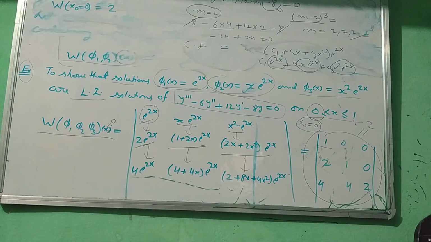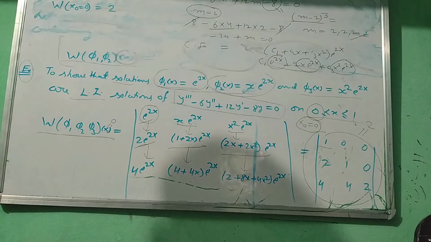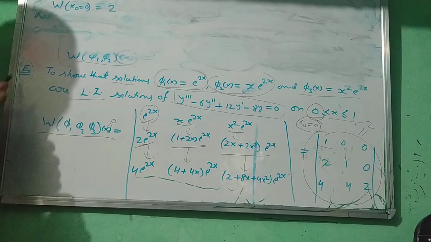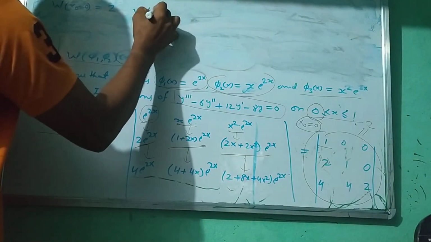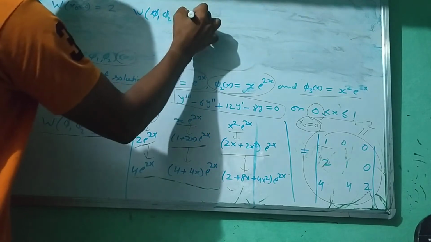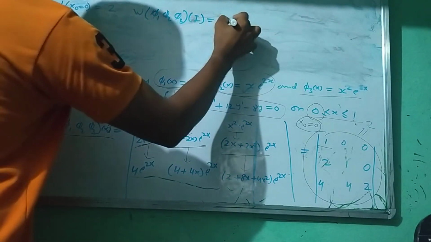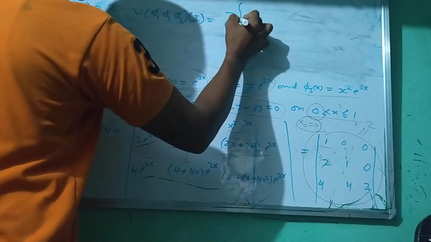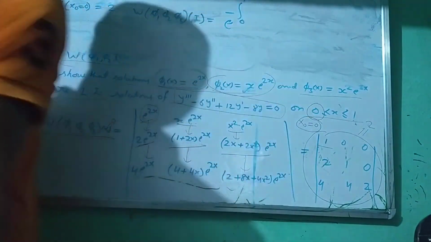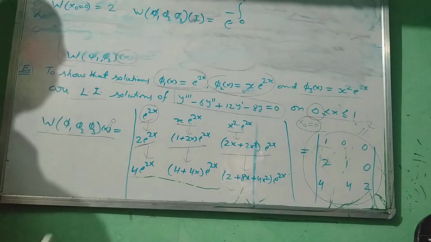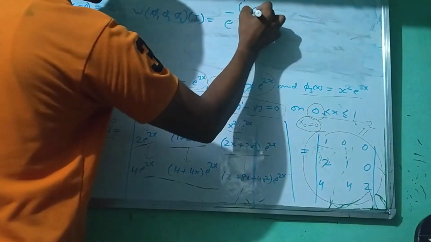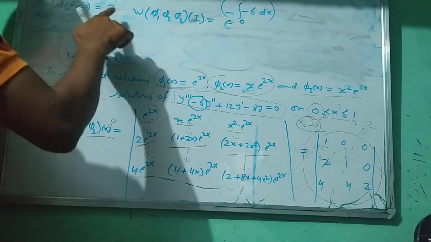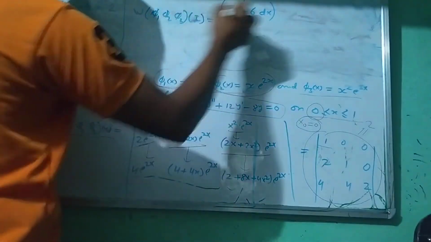So the complete Wronskian of phi 1, phi 2, phi 3 in the interval I is e to the power minus integration from x naught 0 to 1 of f1(x) dx, where f1(x) is minus 6, multiplied by the Wronskian at the origin, which is 2.